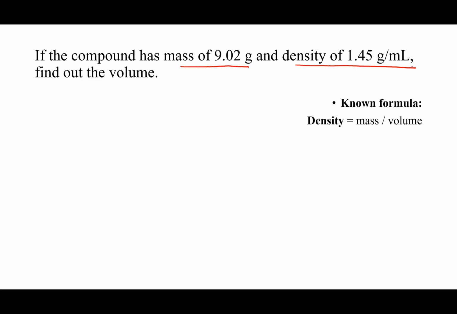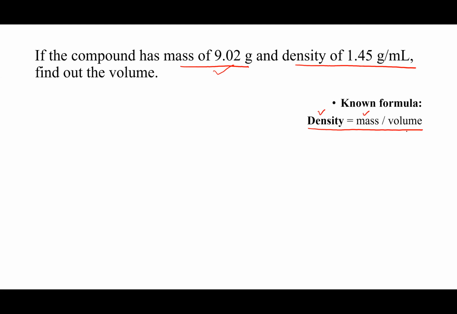Now, you already know the formula: density is equal to mass over volume. What we know, as a part of the question, is that the mass has been given and the density has been given. What do we have to find? We have to find out the volume.